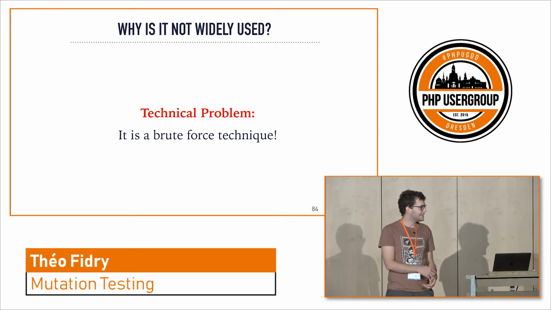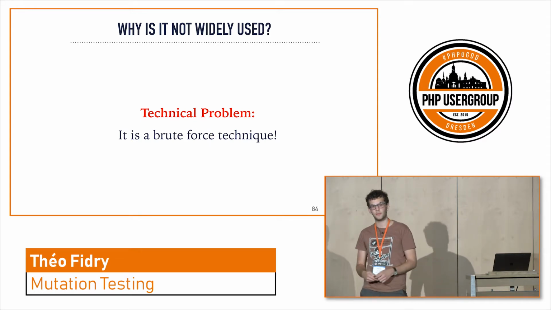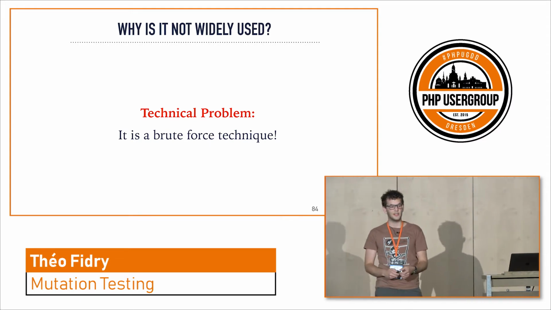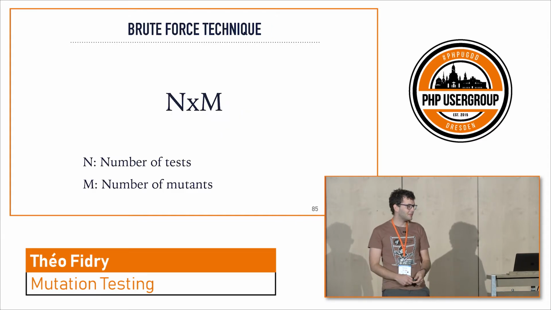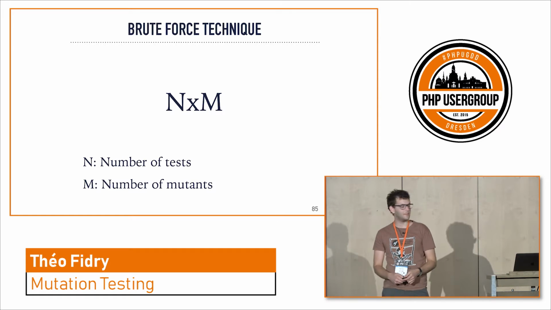And last but not least, there's a technical problem. It's a brute force technique. What does it mean, and why is it a problem? Well, if you have n tests and m mutants, you're going to run n times m tests in the end.